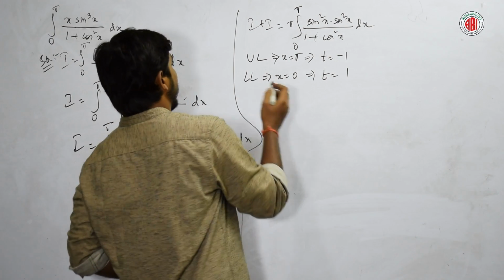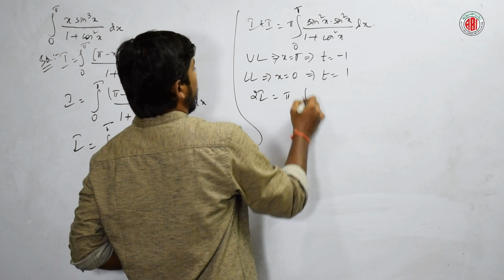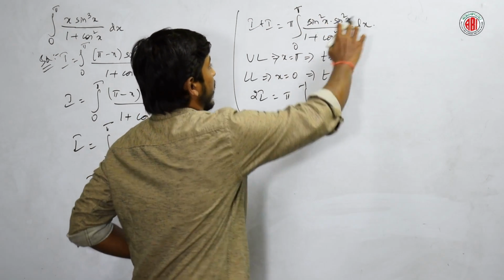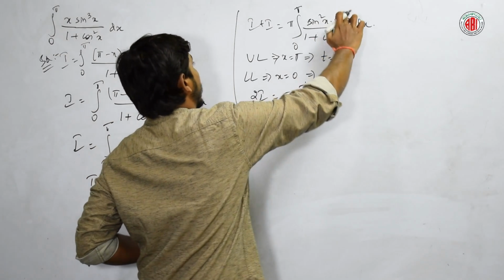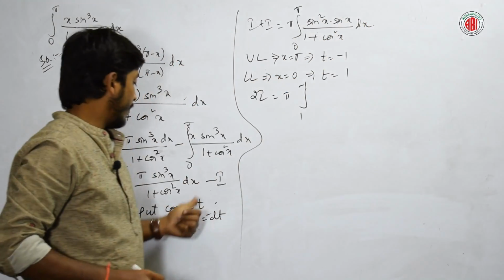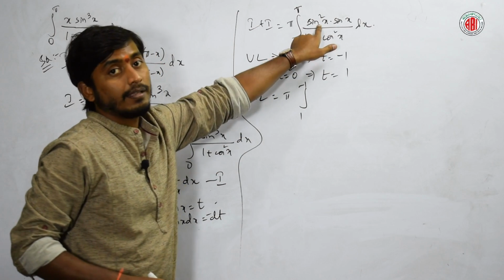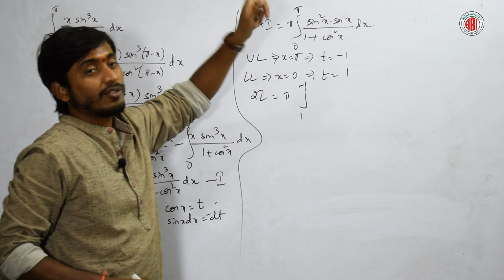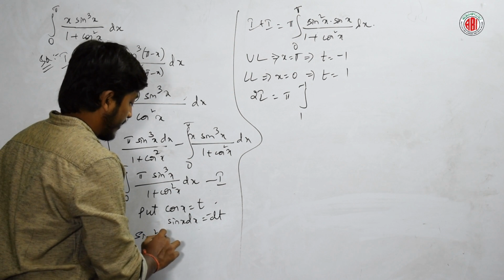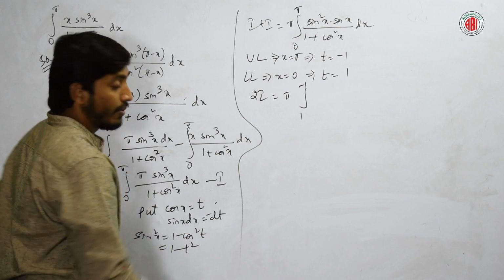So, now let us convert everything. 2I is equal to pi integral 1 to minus 1. Sin cube can be written as sin square into sin x. What is sin x into dx? Minus dt, right. Can I write sin square x as 1 minus cos square, which is nothing but 1 minus t square?